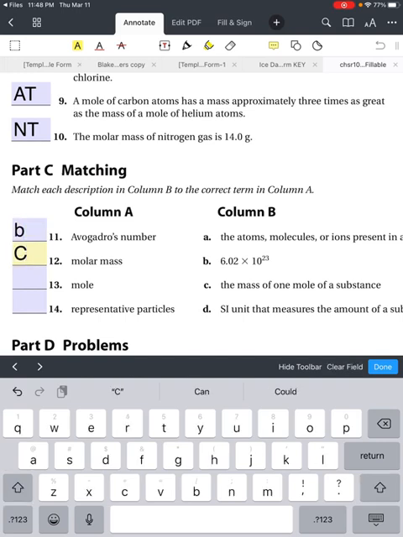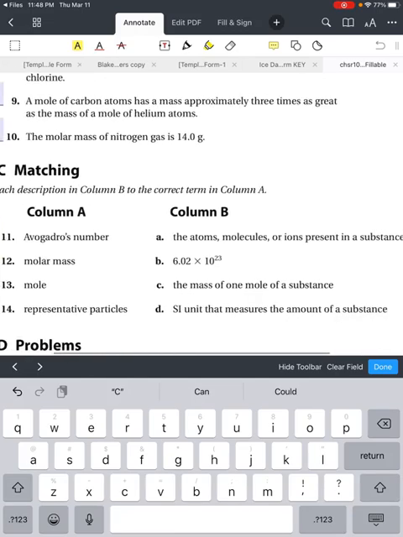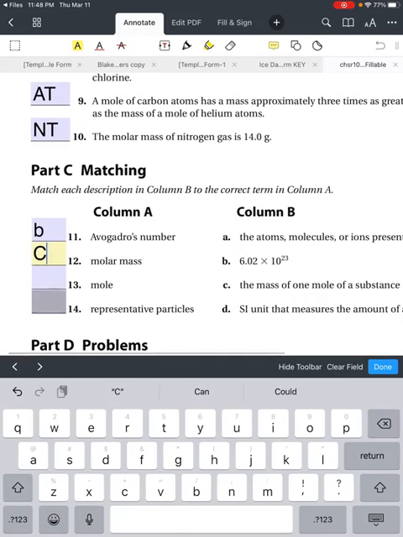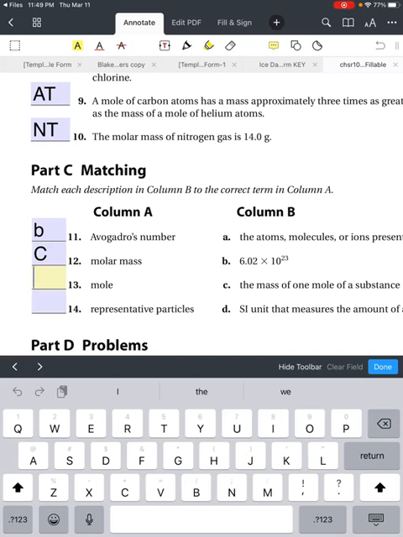A mole is the international system, or in French, Système International, which would be SI unit that measures the amount of a substance present. So 13 would be D. Oops. Those are little letters, so I will make them appropriately match.